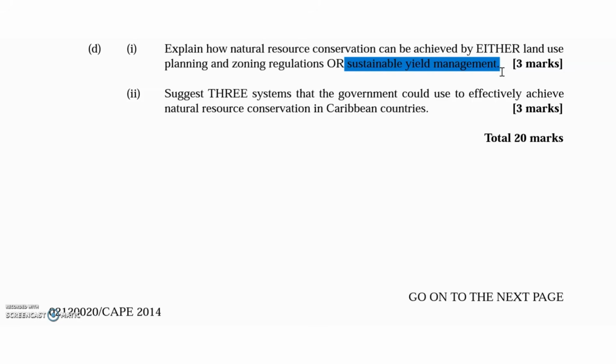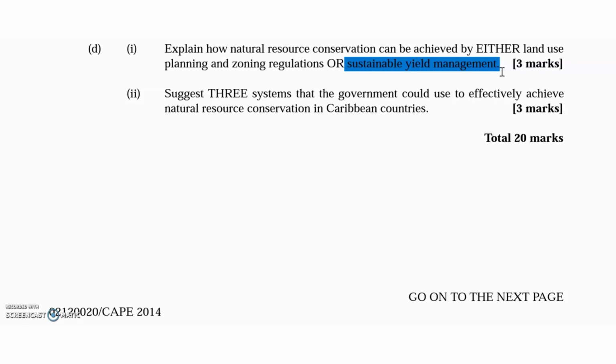The concept of sustainable yield involves a very conservative methodology where you would be harvesting or deriving produce from a specific area to the extent where the land or the soil itself is not exhausted.